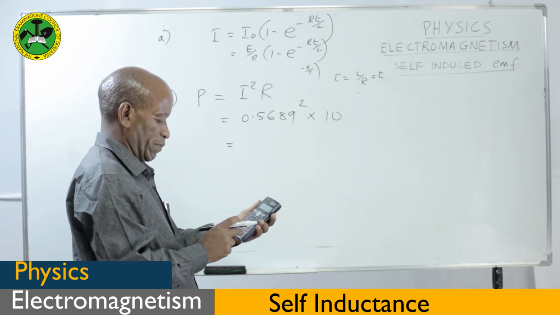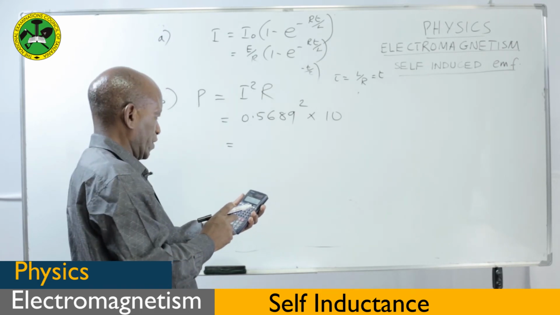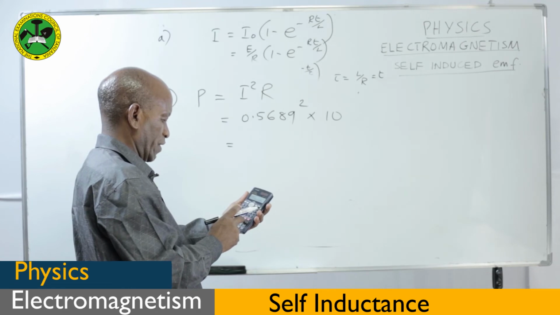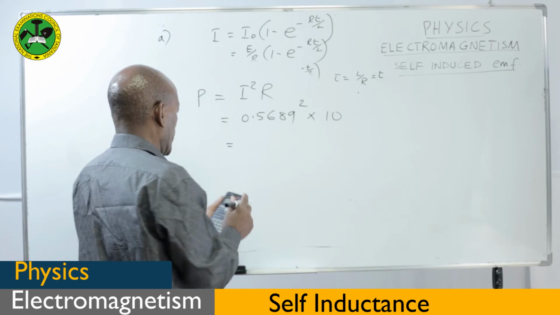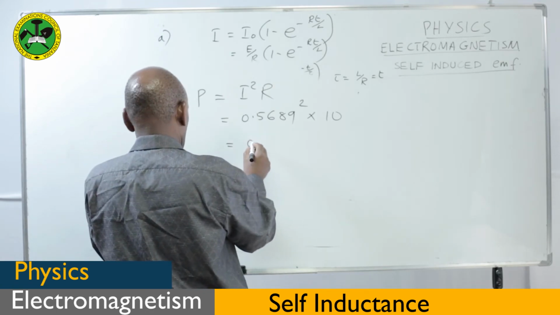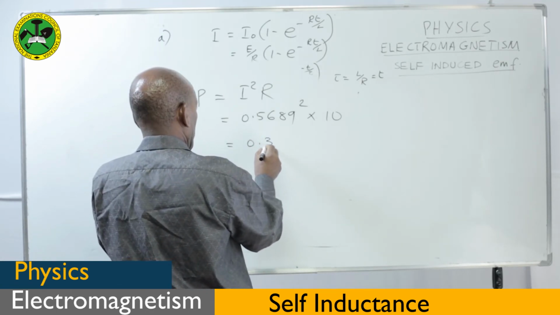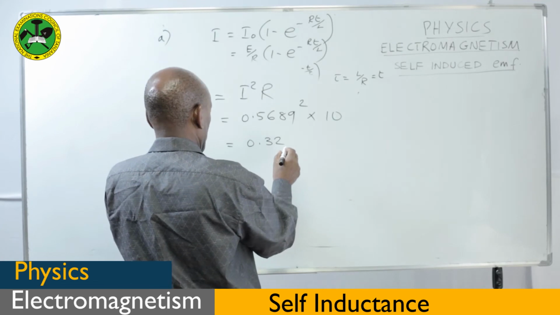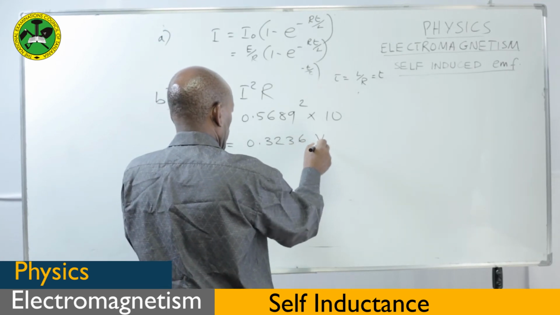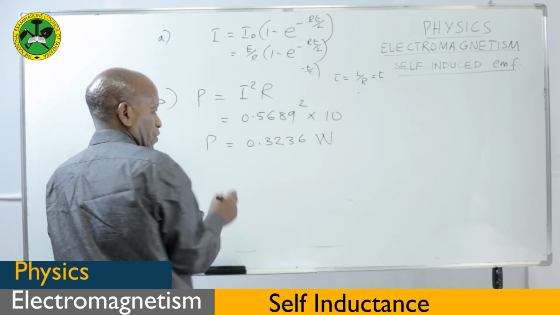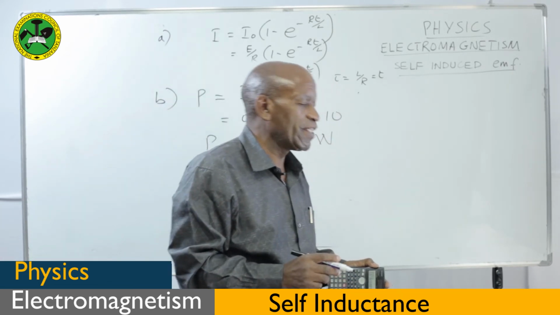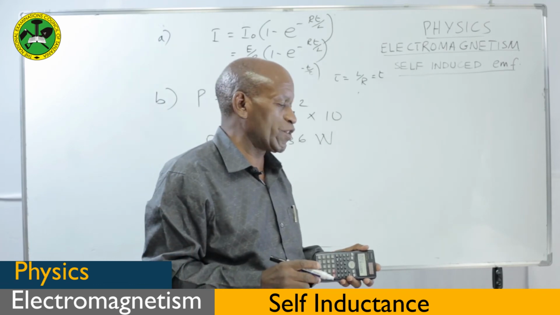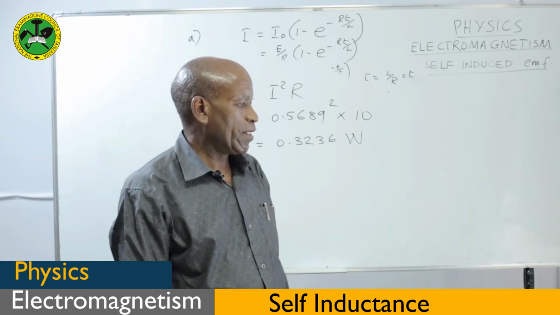So the answer will just be equal to 0.3236 watts. So this is the rate at which the energy appears as joule heat in the resistor. This is part B.